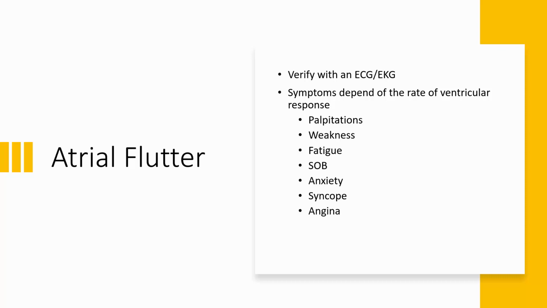All of those things that they have with decreased cardiac output, you're going to see here. What you need to remember is those clinical manifestations are going to be dependent on whatever this ventricular response is. So if you have a ventricular response of 60, you probably won't see too many of these signs or symptoms. But if you had a ventricular response of 160, you would see a lot of these signs and symptoms right here.